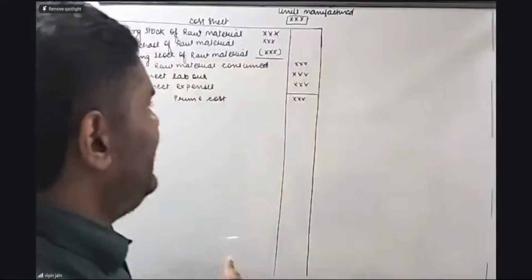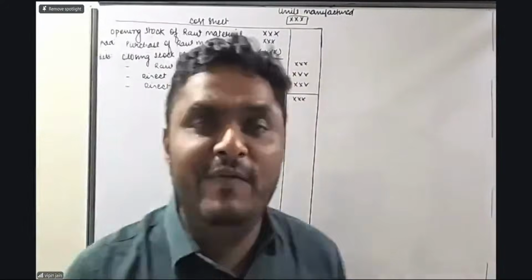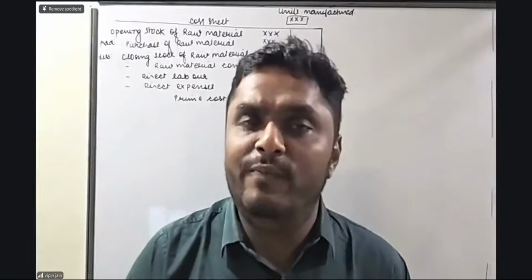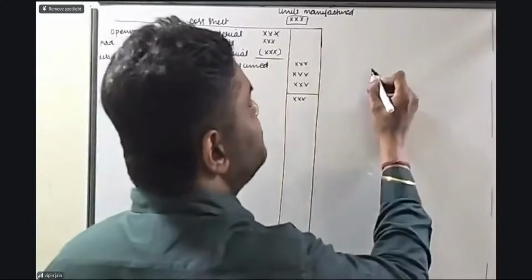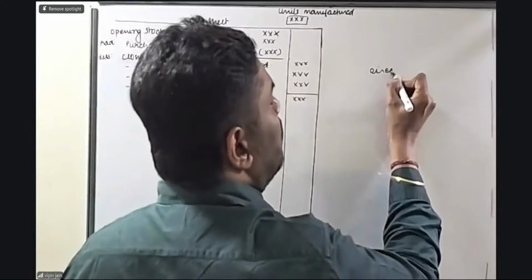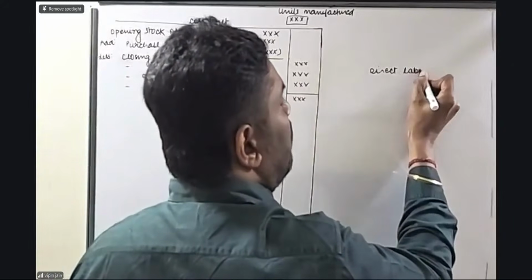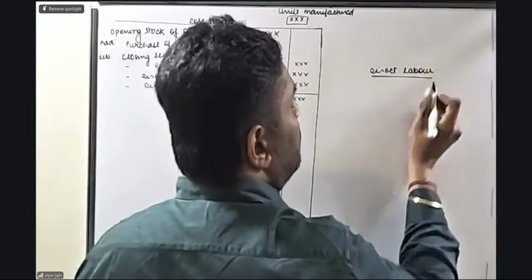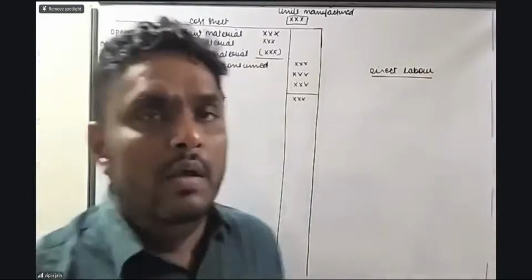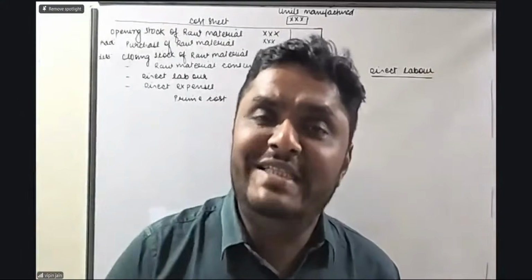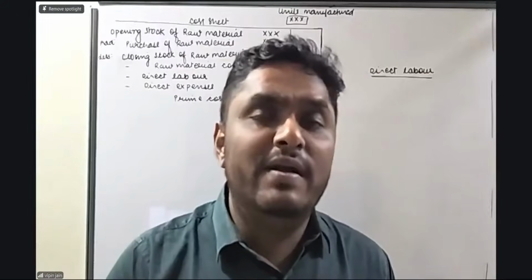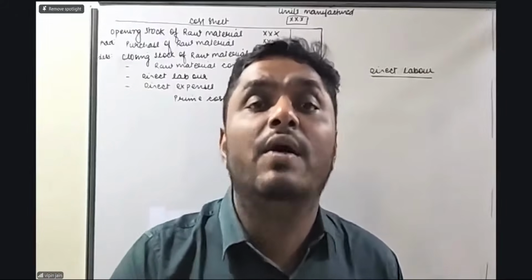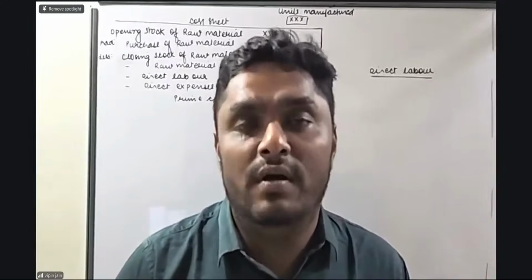Now one more point I want to discuss. Sometimes, to confuse you guys, the examiner can put up a few points relating to direct labor. See, apart from the wages paid to the workers, there are many benefits or allowances that are given to the workers.